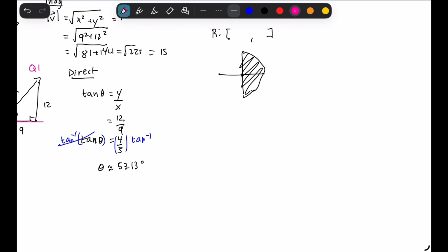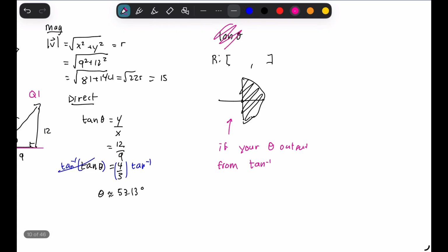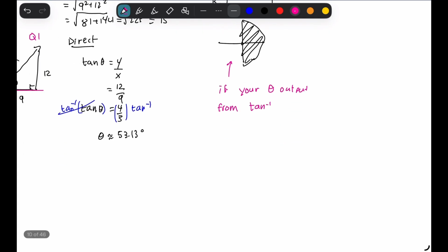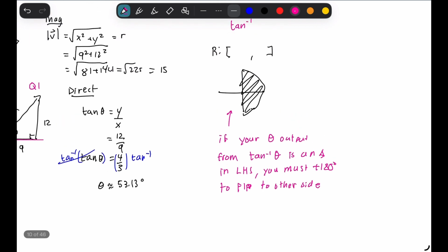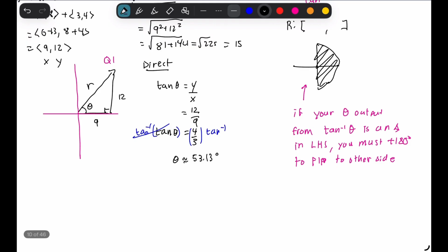So if your angle output from your inverse tan, by the way, is an angle in the left-hand side of the circle, you must add 180 degrees to flip to the other side, because those values don't work for tan.